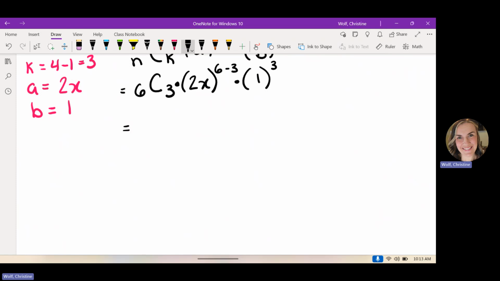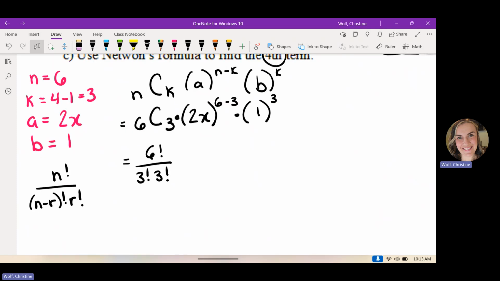So on your calculator, or unfortunately with the formula, you'd have to figure that out. So 6 choose 3. For the people who have to use the formula, I'm going to help you out a little bit here. It would look like that, because remember the formula is n factorial over n minus r factorial r factorial. So I just used my values up here, reminding myself that k and r are the same here, plugging it in.